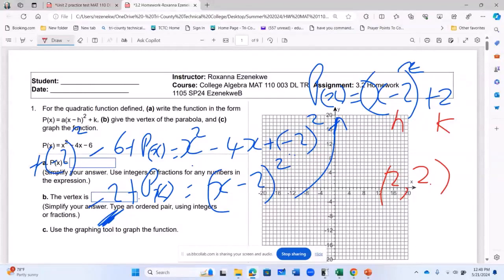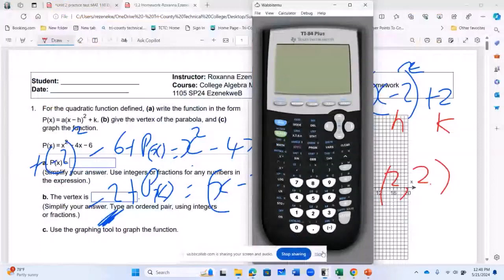We can check that with the calculator. So I'm going to put this in my calculator. Go to y equals, clear, and then put in the equation I was told to transform, and that is x squared minus 4x minus 6.